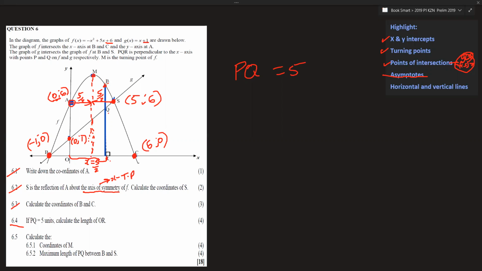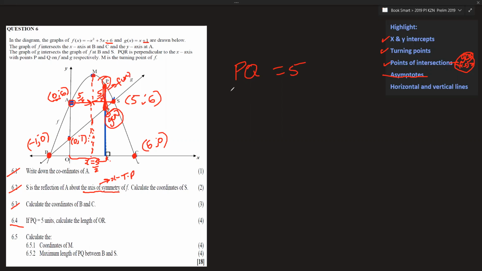PQ. So you check. P is at the top. Q is at the bottom. So this is f of x. This one here is g of x. You agree? Perfect. So they are looking for this distance here. It's easy. We are always going to take the one at the top minus the one at the bottom.